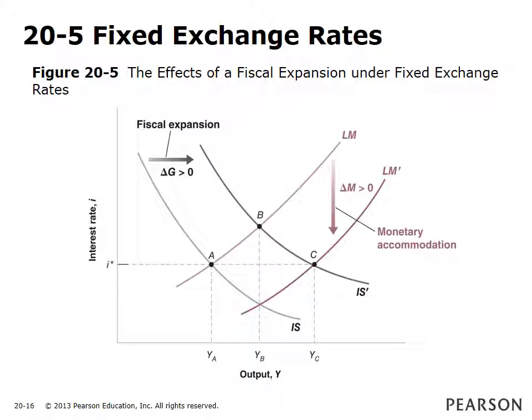The economy moves from point A to B. Under fixed exchange rates, the money supply would have to be increased, shifting LM to LM prime to keep the interest rate from going up, and output will increase from YA to YC. The economy will be at point C. So under fixed exchange rates, fiscal policy is more powerful than it is under flexible exchange rates. This is because fiscal expansion triggers monetary accommodation.